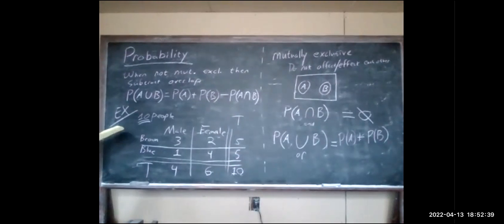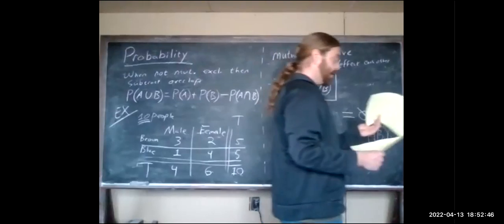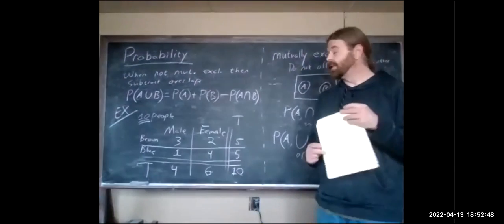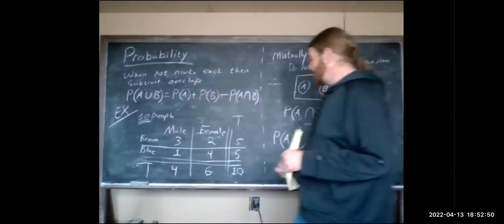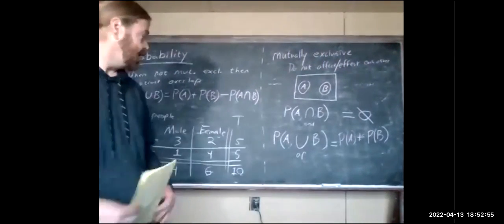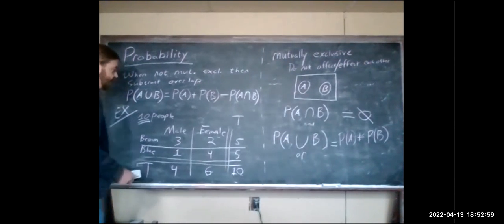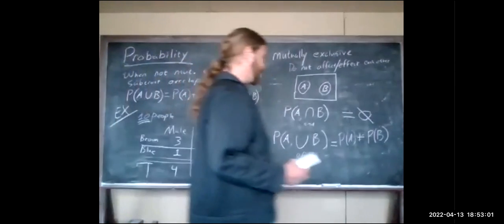So we might have a situation like this, and we can ask some questions about it, some "and" or "or" questions. We'll get to the multiply "ands" very shortly. But first off, those might affect each other.